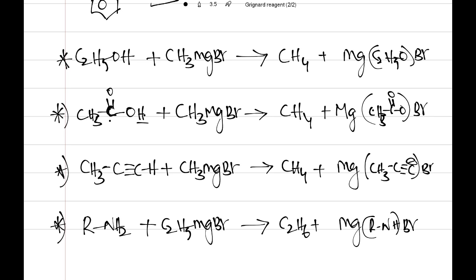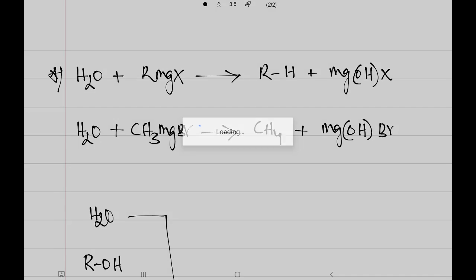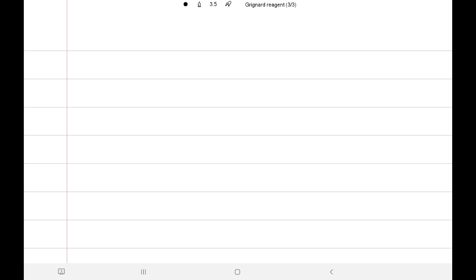Okay, right. Next we will go with the nucleophilic character of the R minus in the Grignard reagent. Second thing, R minus as nucleophile in RMgX.